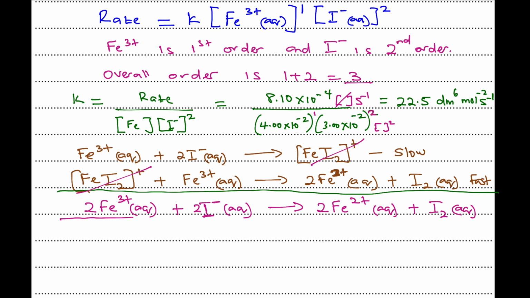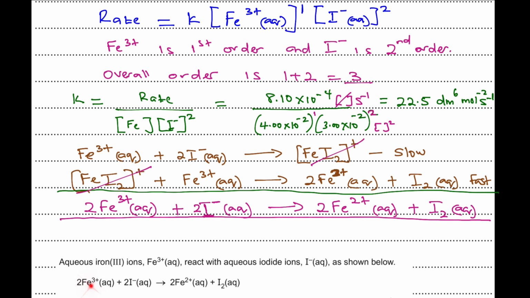That will be the overall, which is what we were given in the equation for the reaction. So this is the slow step. The slow step is always the one involving the rate equation, and this is the fast step. Adding them together, we produce the equation for the reaction.